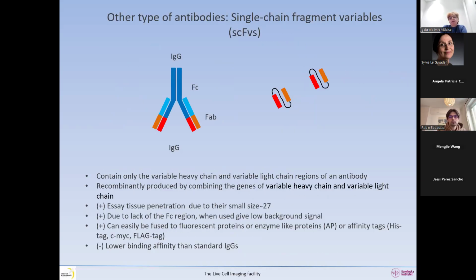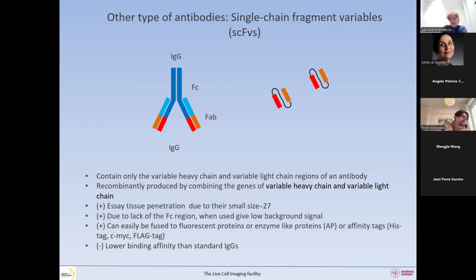Another type of antibody is the so-called single-chain fragment variable. They only contain the variable heavy and the variable light chain of the IgG antibody, and they are recombinantly produced by combining the genes for the variable heavy chain and variable light chain, coupled with a linker.